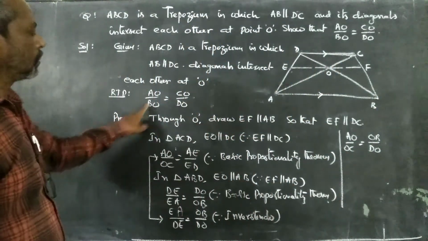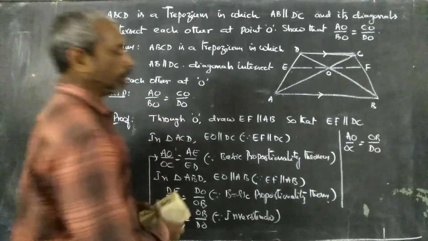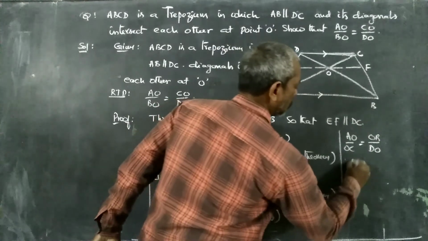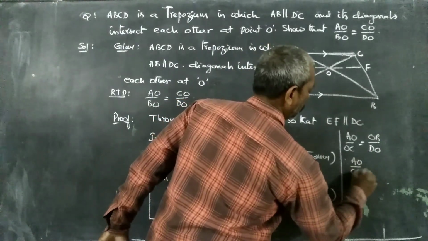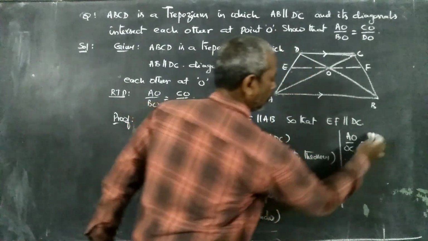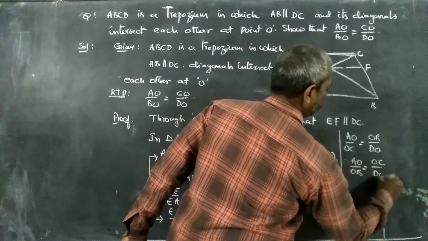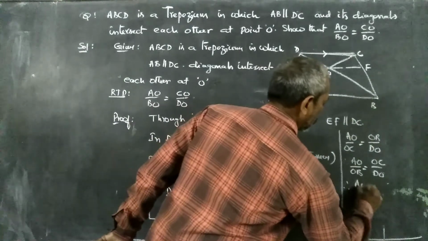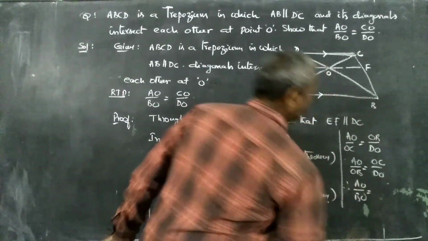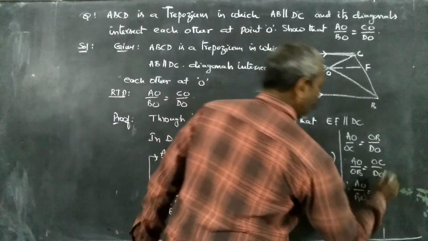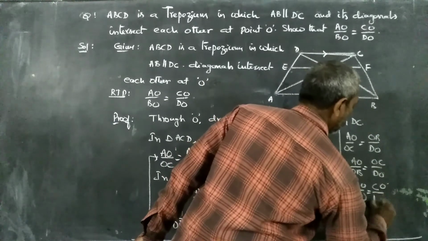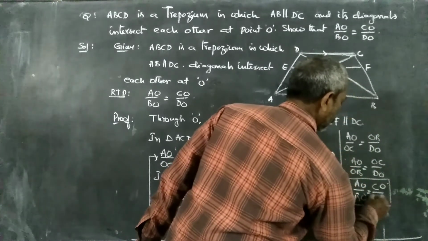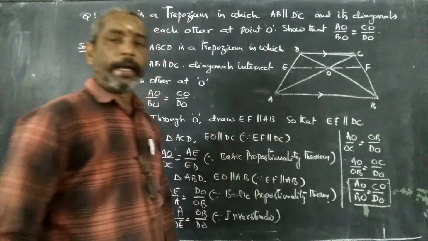AO by BO is equal to CO by DO. Therefore, interchanging these two, AO by OB is equal to OC by OD. Therefore, AO by BO is equal to CO by DO. Hence, proved.